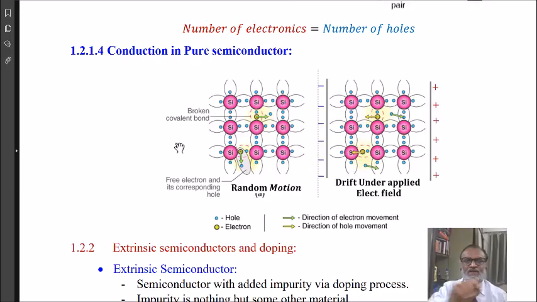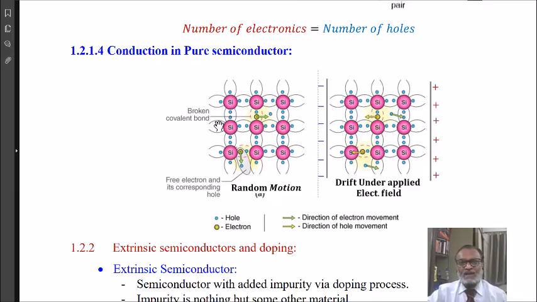So at room temperature, some electron hole pairs exist in the semiconductor and here in this figure, the free electrons and hole pairs are shown with the broken covalent bond. Since no external field is applied, these free electrons and holes are randomly moving in the material and thus the average motion of the particles is zero and therefore average current flowing through the material is zero.